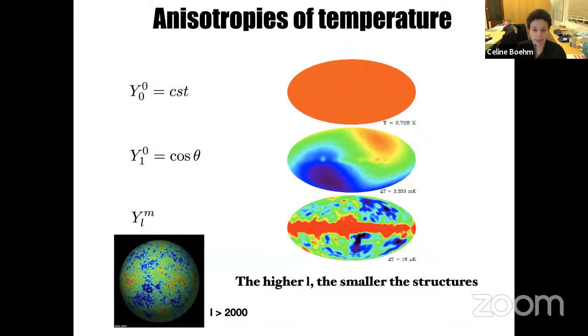Eventually you will get a map like the third one, which is one of the most sophisticated that we saw, which convinced everyone basically that the anisotropies existed. But what we do now goes far beyond L equal 2000, and that gives you an incredible map, the one that you see on the sphere at the bottom. There you can see all the anisotropies.